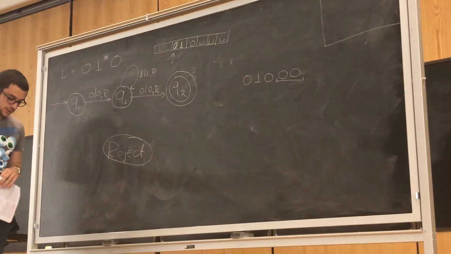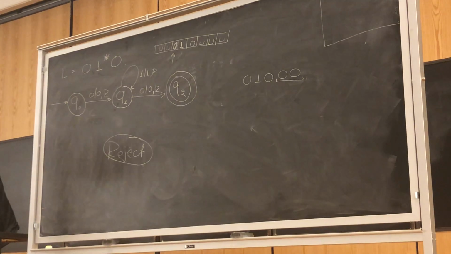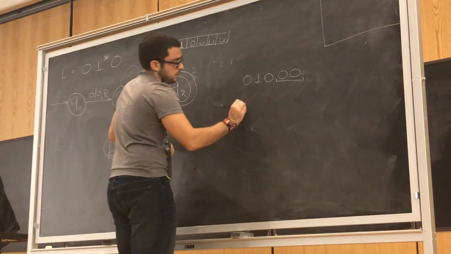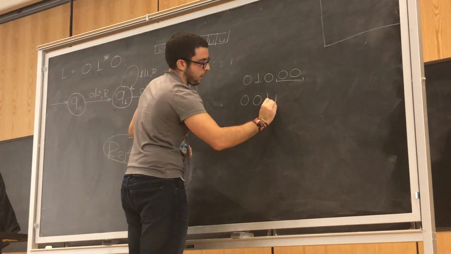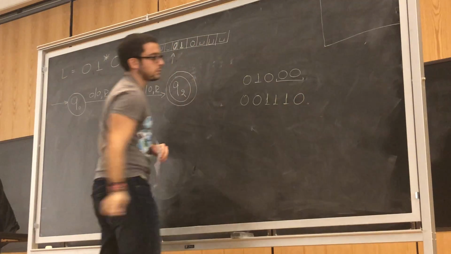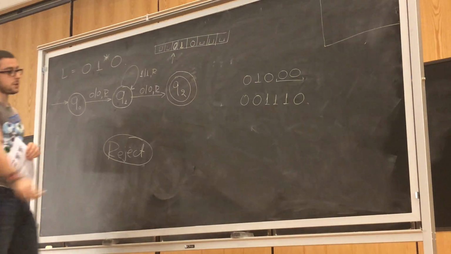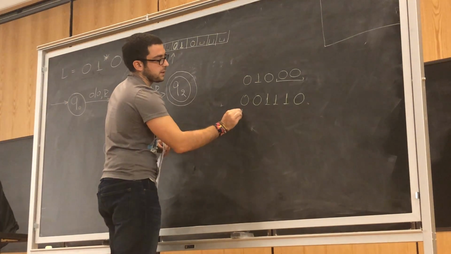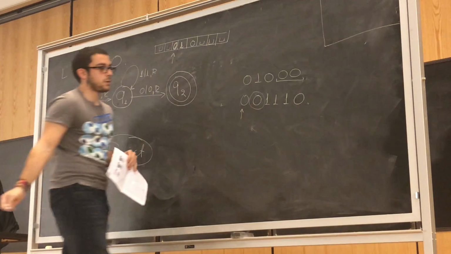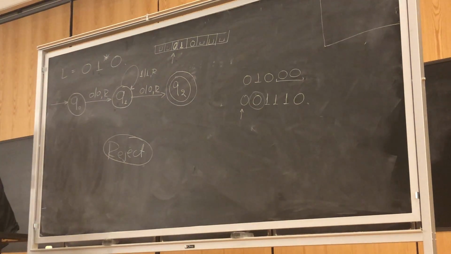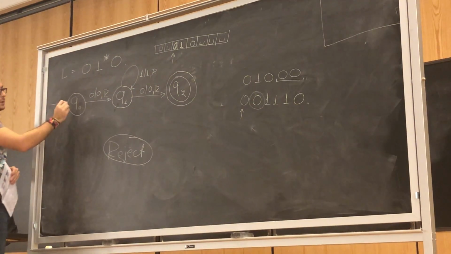I need my last digit to be a 0, but before that, the previous digit should be a 1. Accept or not? No. I see a first 0, but then the second digit is also a 0, so I should not accept. So, this is where I am.